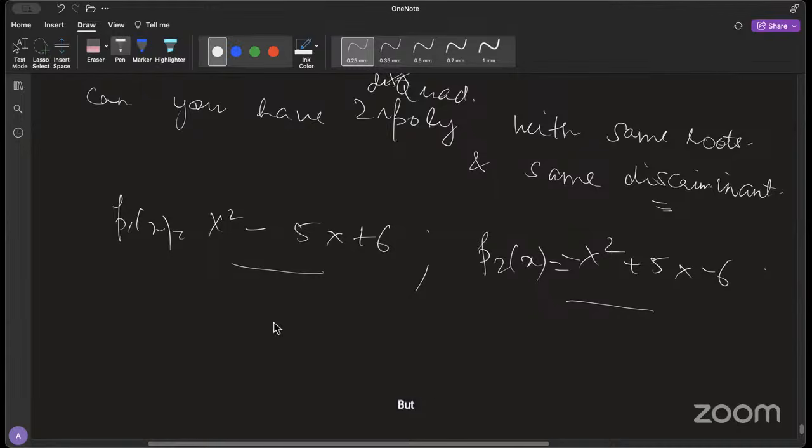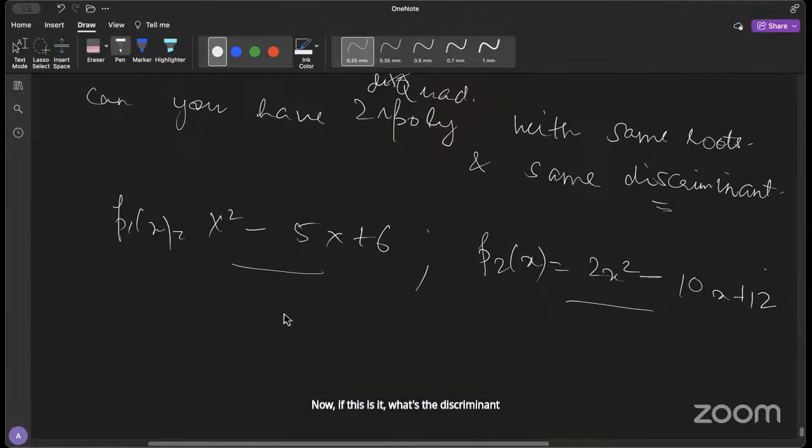But let's say I take this: 2x square minus 10x plus 12. What's the discriminant of the first one? It's 5 squared, so 25 minus 24.